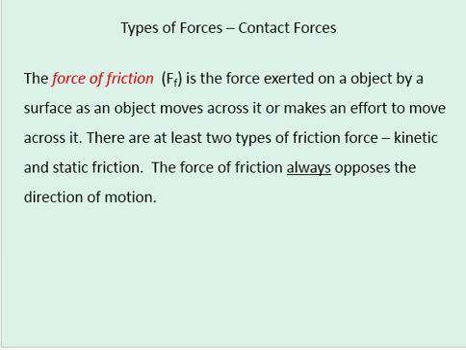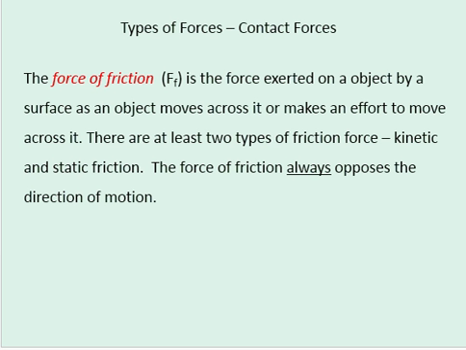Friction. Friction is a force that's exerted on an object as it moves or tries to be moved across a surface. And we kind of know what friction is. We experience it every day in our lives. There are two types of friction that we're going to talk about in class. Kinetic, which means when an object's in motion, and static, which means when an object is not in motion.